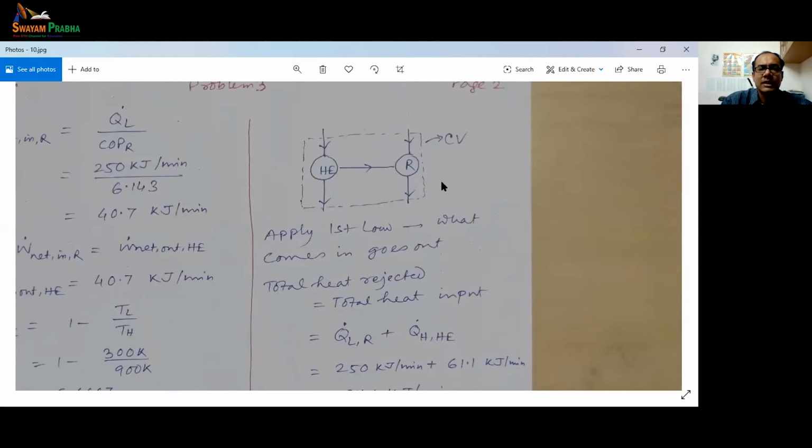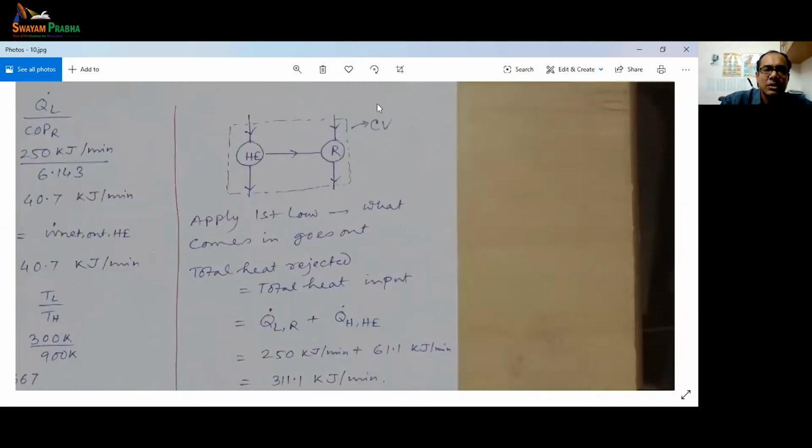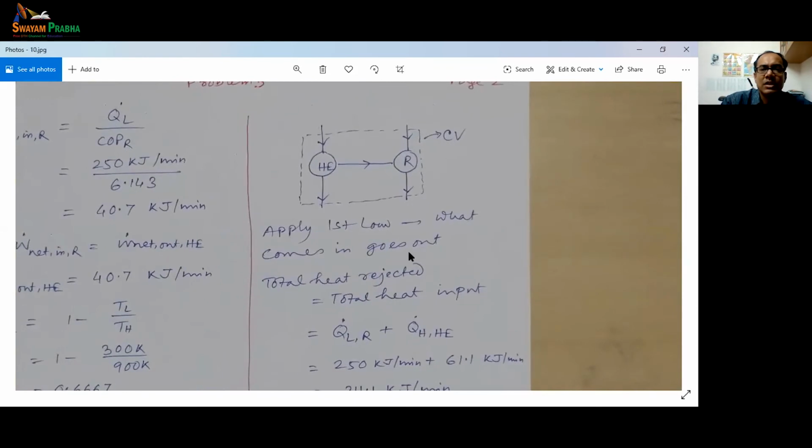Now the second one asks what is the total heat that you are rejecting to the environment, which is at 300 Kelvin. Now we don't have to go to the individual contribution. What we can do is take a control volume which covers both the heat engine as well as the refrigerator. So here this dotted line is the control volume which covers both of them, so that the whole work transfer happening between the heat engine and the refrigerator is not contributing anything to the control volume analysis, because it's inside.